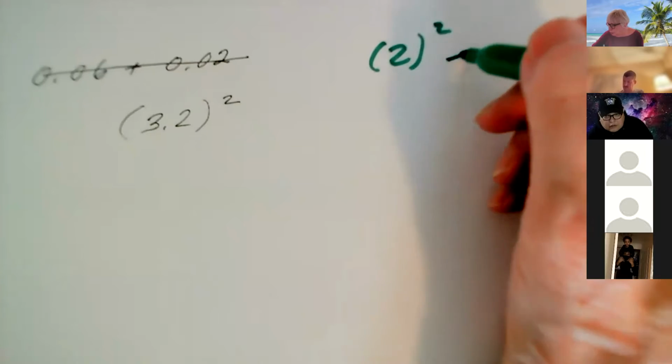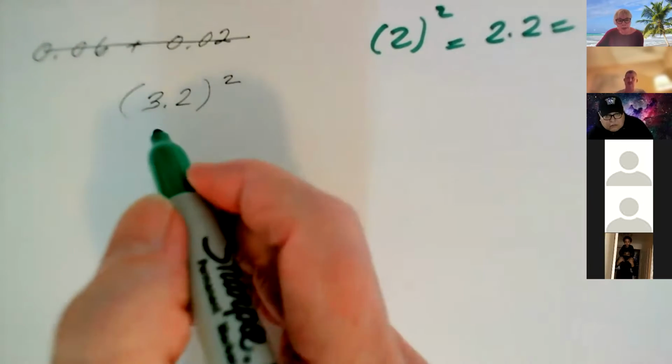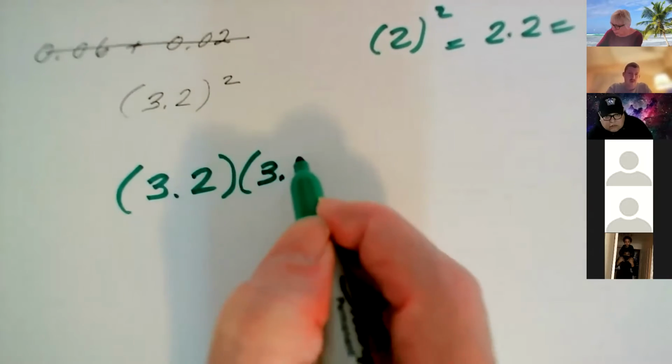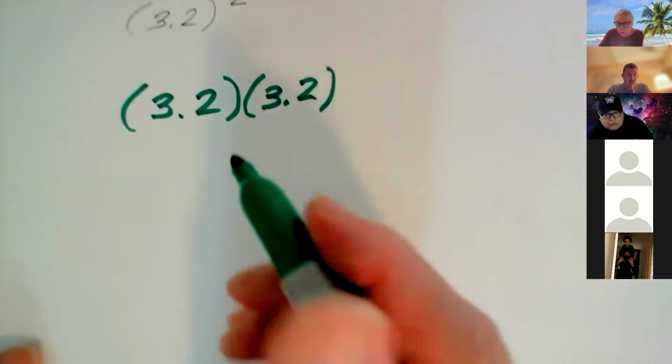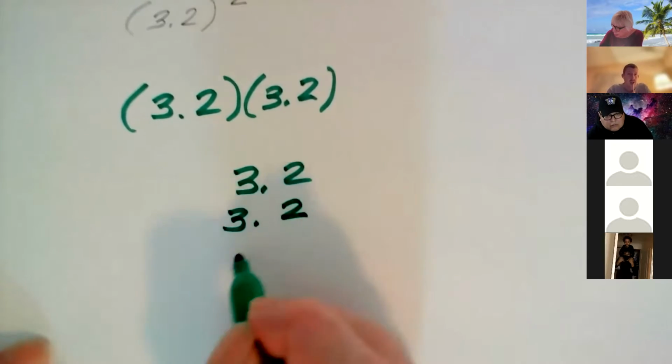So if it was 2 squared, it would be 2 times 2, which is 4. But this number squared, you would have to go 3.2 times 3.2. So then I find it easier to write them like this.